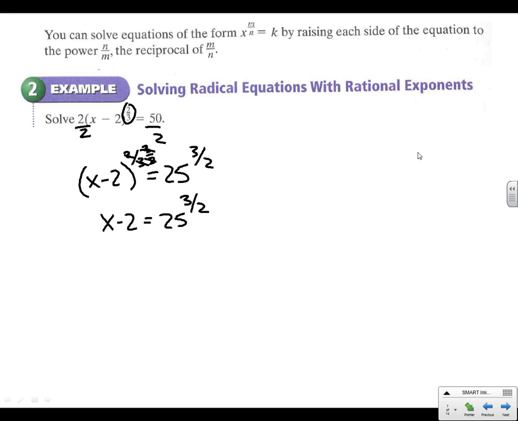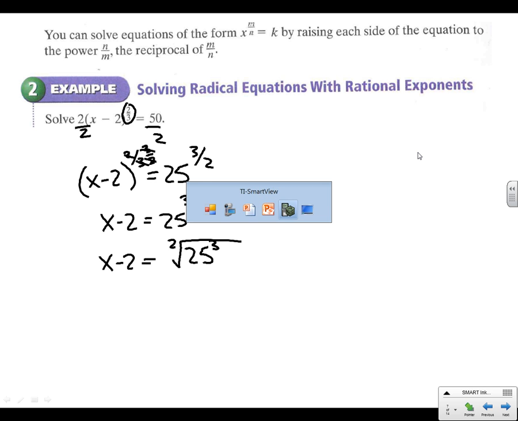And remember, that's the same as saying x minus 2 equals, the bottom is what the index is, the square root of 25 cubed. All right, so 25 cubed, we could grab our calculator.